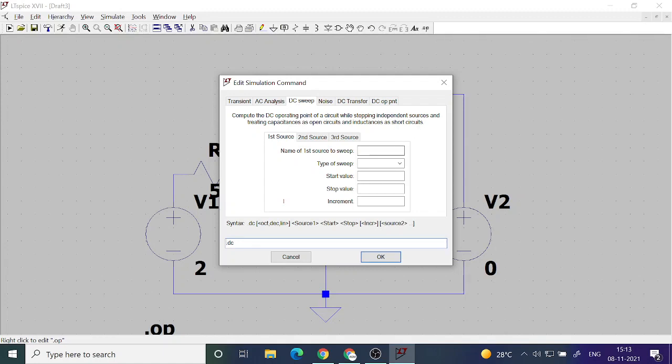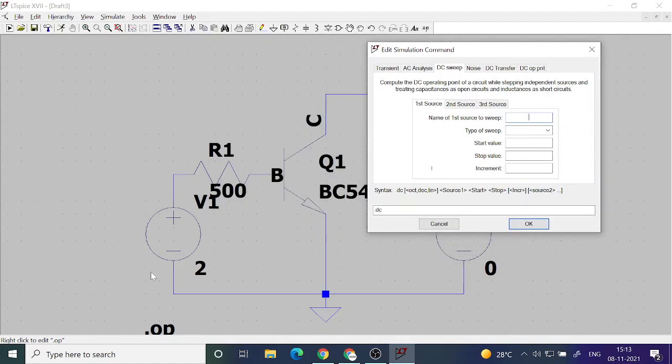When you put the DC sweep, I can change the input voltage, this voltage. V1 is the voltage source I would like to sweep linearly, starting from 0. I'll go to say 5 volt.